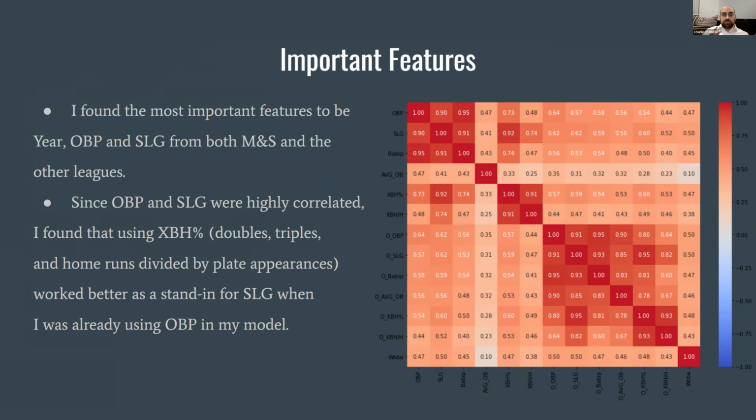Since on-base percentage and slugging percentage were highly correlated, with a 0.9 correlation as you can see, I found that using extra base hit percentage, which is basically bucketing doubles, triples, and home runs together and dividing by plate appearances, the number of times the player came to bat, worked better as a standard for slugging percentage when I was already using on-base percentage in my model.